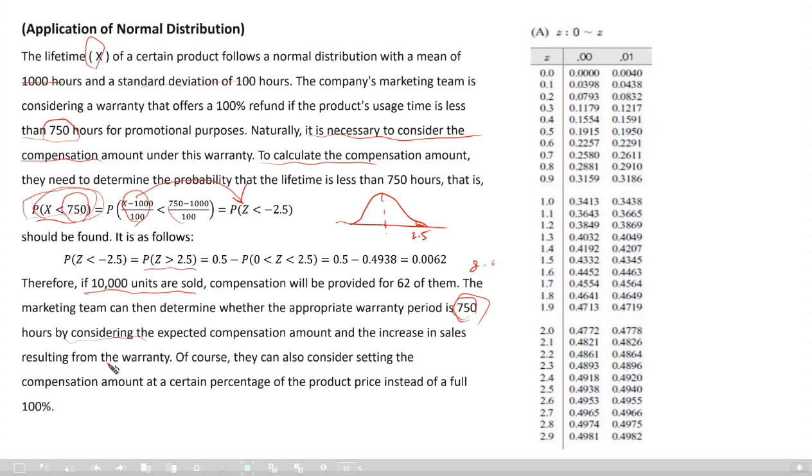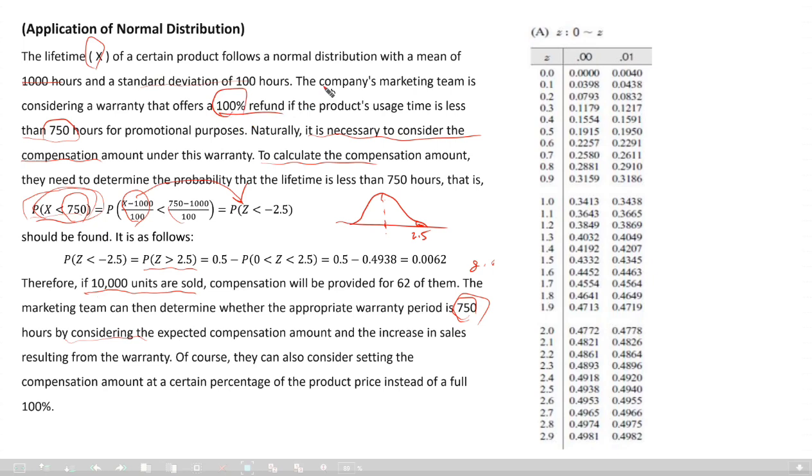In other words, you may simulate several input conditions and compare the results of simulations. Of course, they can also consider setting the compensation amount at a certain percentage of product price instead of a fully 100% refund, something like an 80% refund or 50% refund.